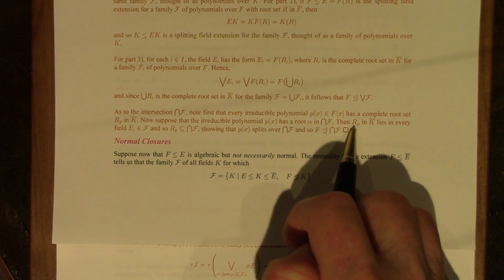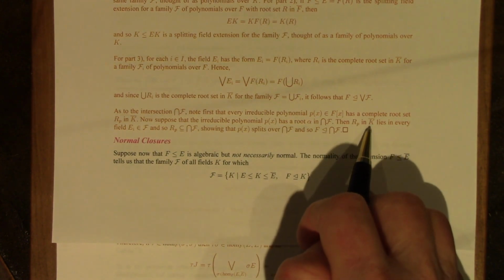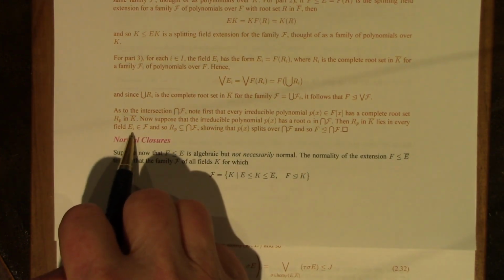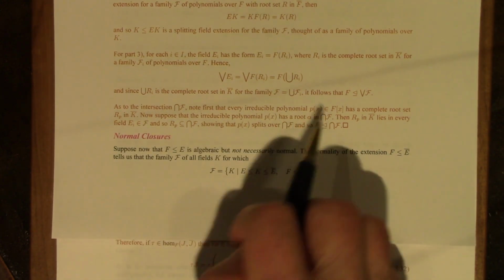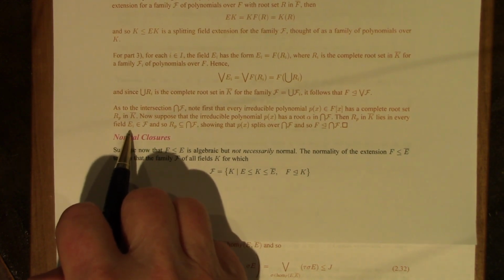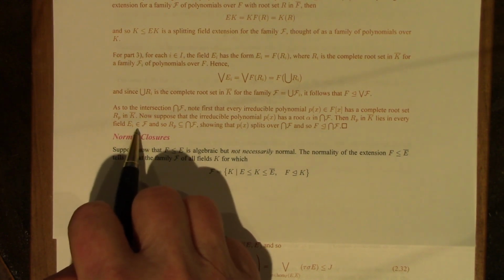Then it has a root in every one of the E_i's, therefore it splits over each E_i, so the root set R_p lies in every one of these family members.